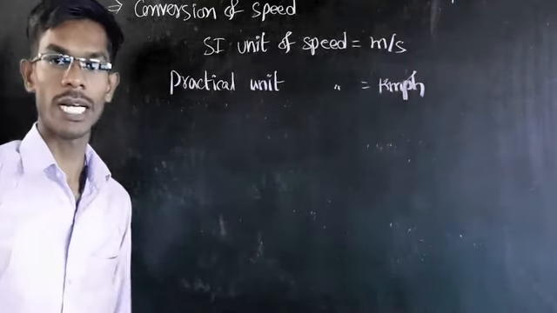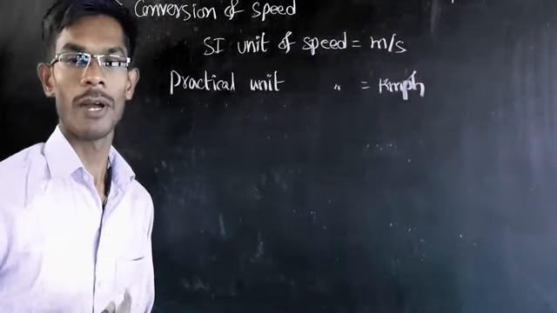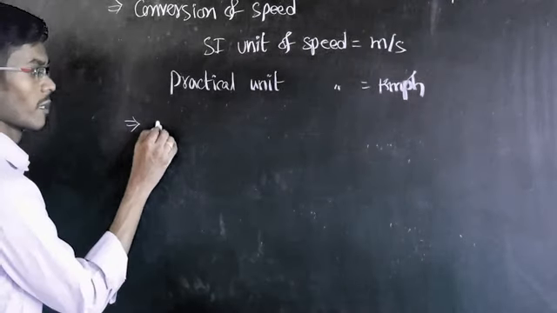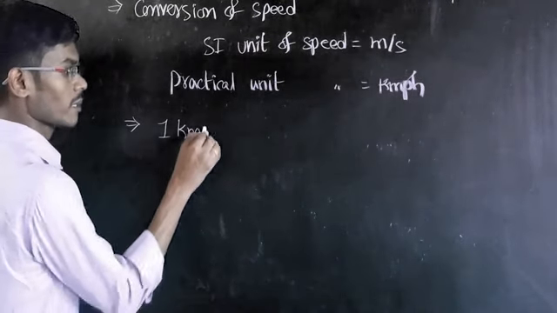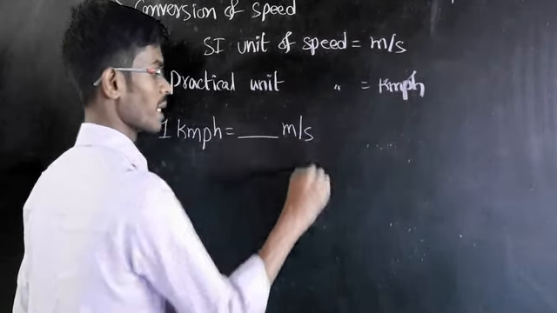Then how can we convert 1 kilometer per hour into meter per second? 1 kilometer per hour is equal to how many meters per second?